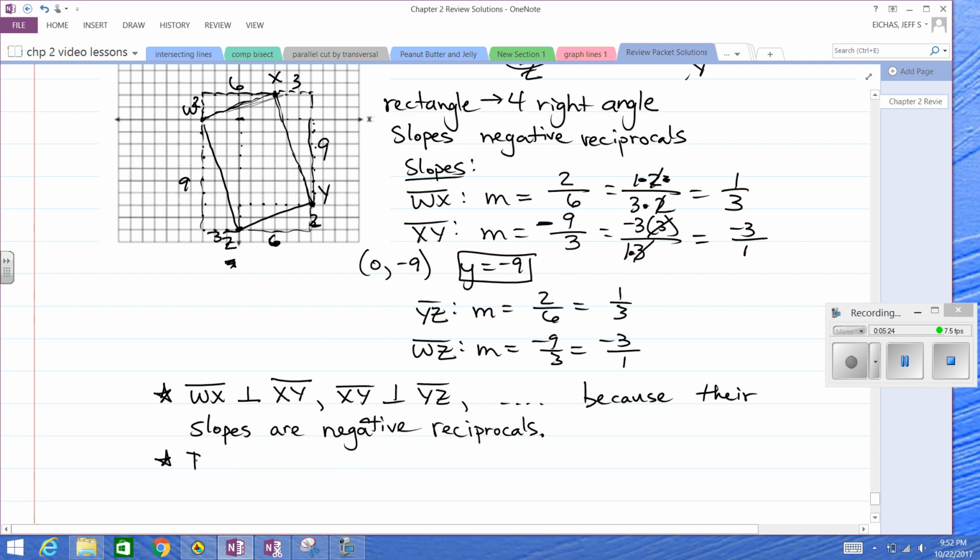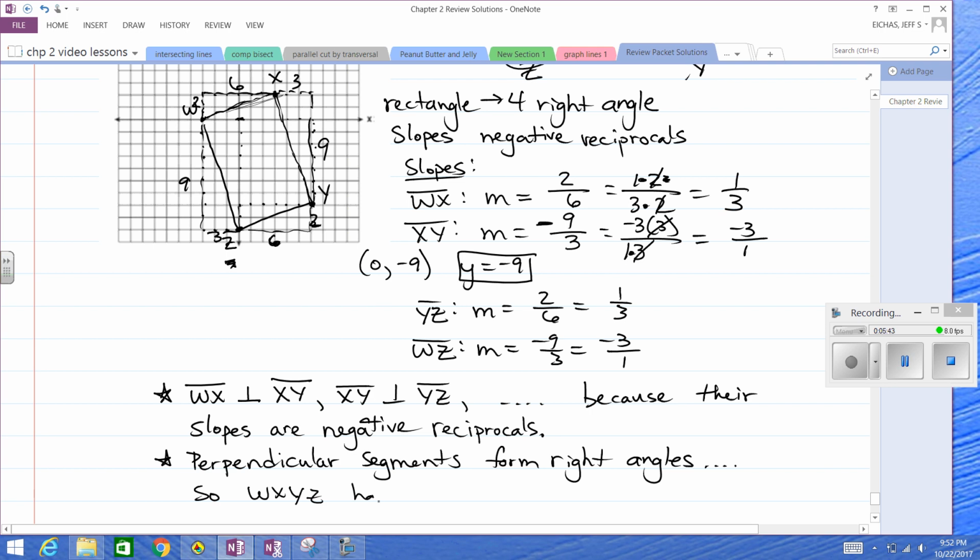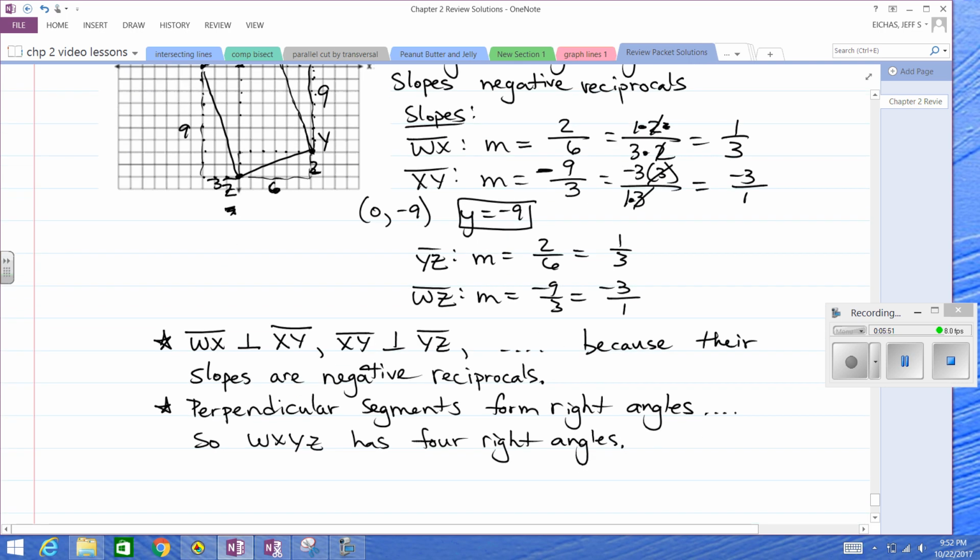And perpendicular segments form right angles. Okay, so WXYZ has 4 right angles. That makes it a rectangle.